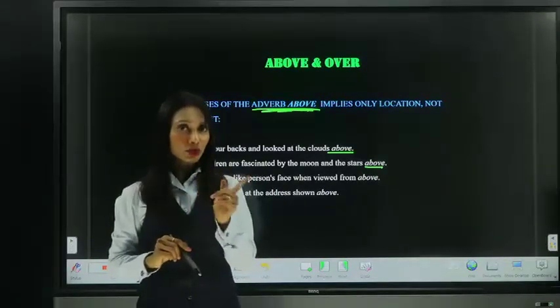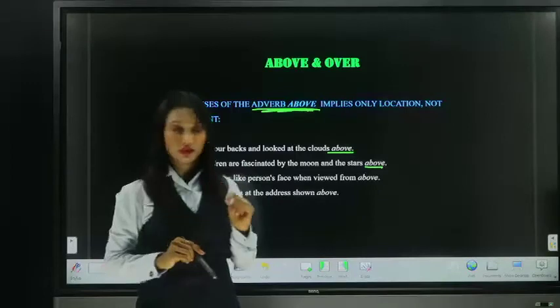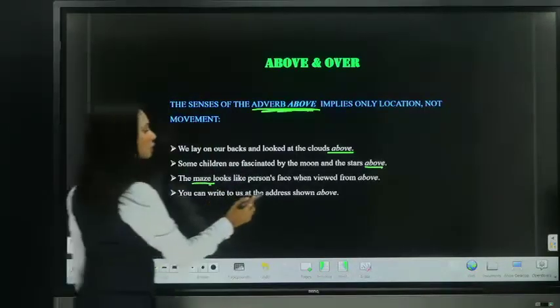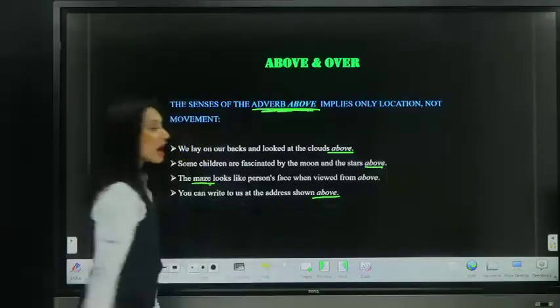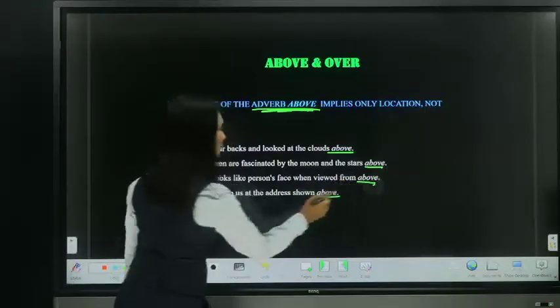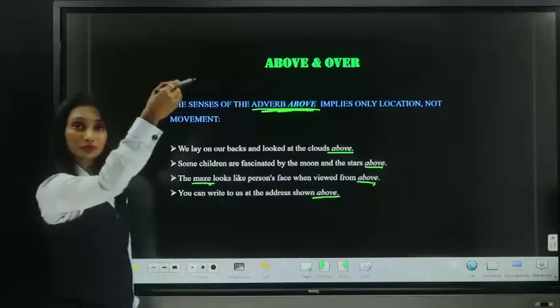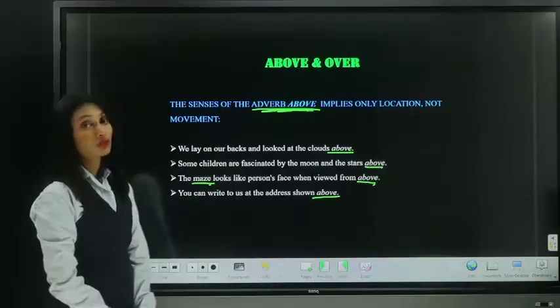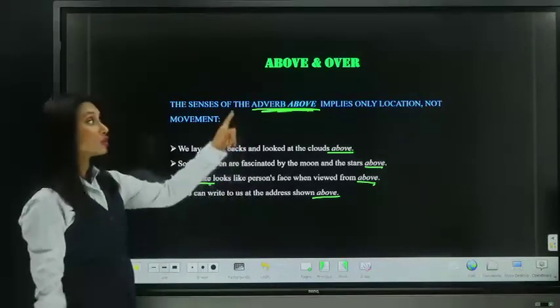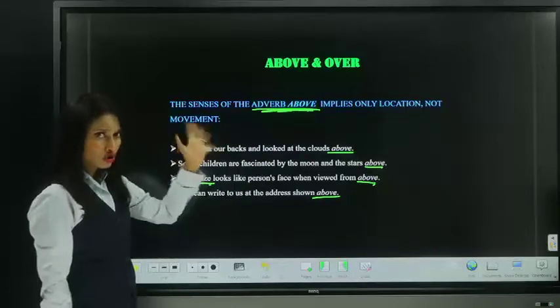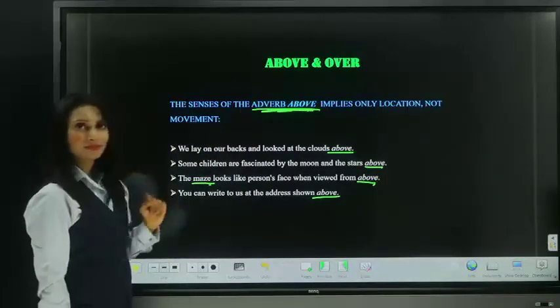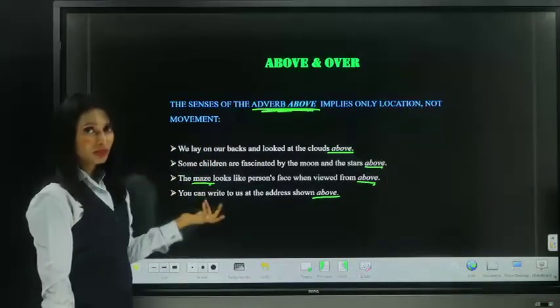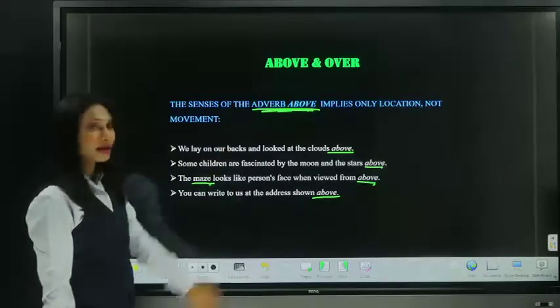If you don't, let me know. I will tell you. But if you know, that's good. Now, you can write to us at the address shown above. So again, the address shown above, in the top position. So this is the usage of above to indicate only location but no change in movement. There is no change in position. That means there is no movement or motion.